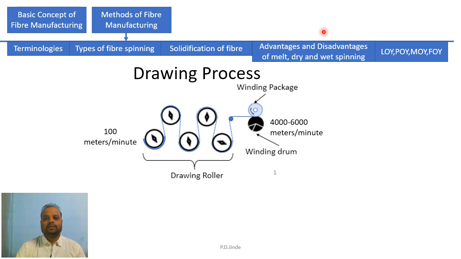So the extruded filaments first touch the first drawing roller and gain the speed of 100 meters per minute. Initially, the extruded filament has a thickness as shown in this figure, and the length of that filament is very small. As the filament passes over the second drawing roller, it stretches.